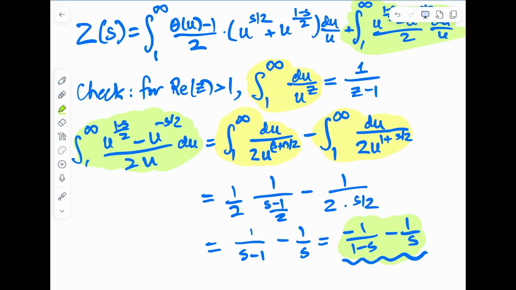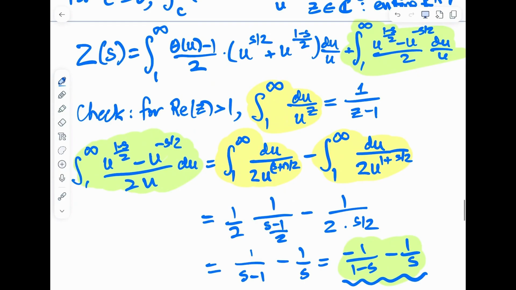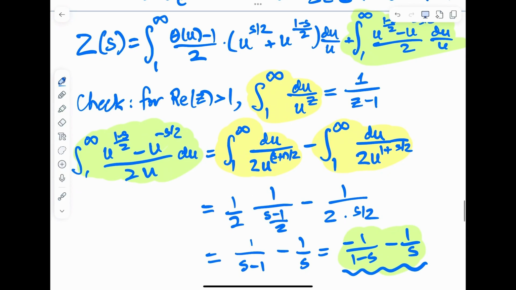Meanwhile, the first integral up at the top of the slide, this part here makes sense already because the integral is only going down to 1. This integral is an entire function. This converges for all s.